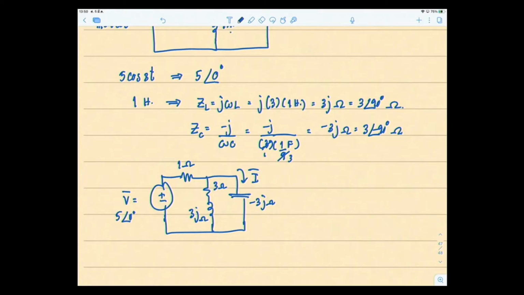But for me, I'm going to choose a simpler way. Looking at the complete circuit, the current comes out from the positive terminal of the voltage source. Let's call it I1.